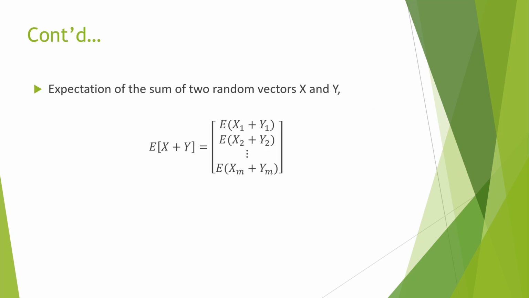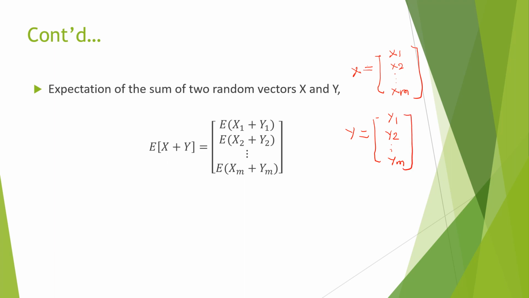Now we see what is the expectation of the sum of two random vectors X and Y. Let us write X is equal to a random vector x1, x2 up to xm. This is a random vector X, and we write a random vector Y as y1, y2 up to ym. These are the two given random vectors.